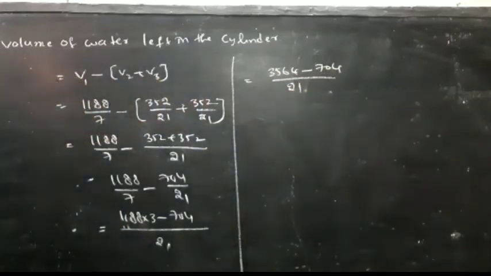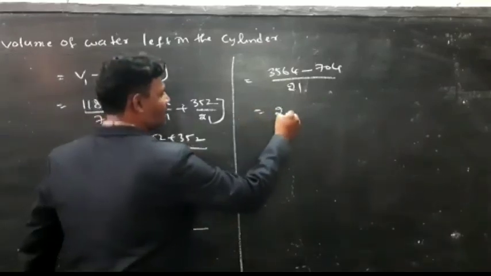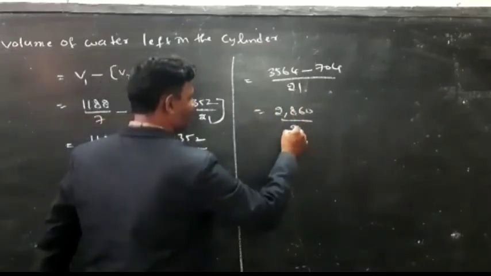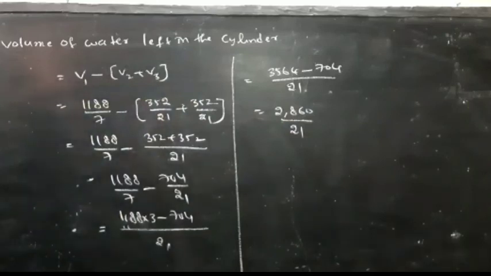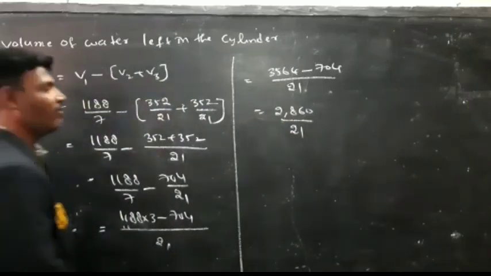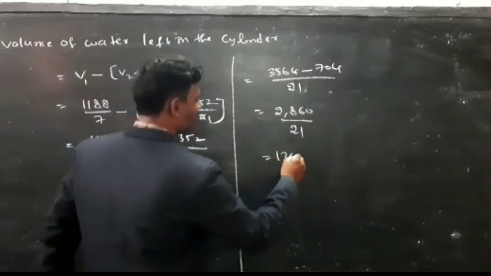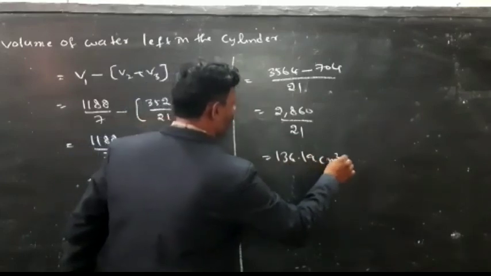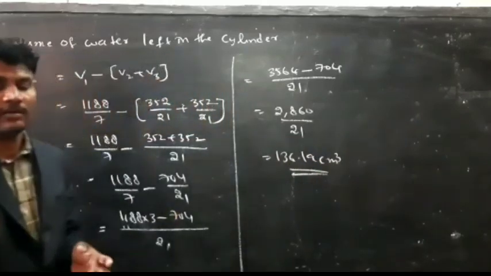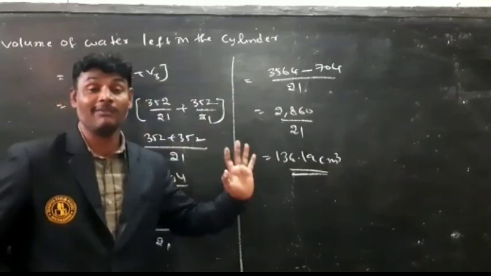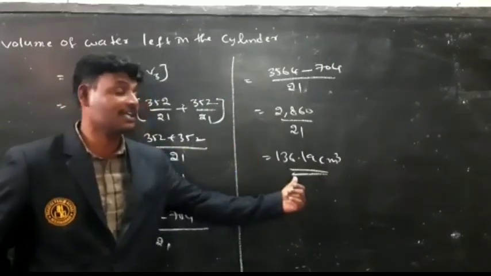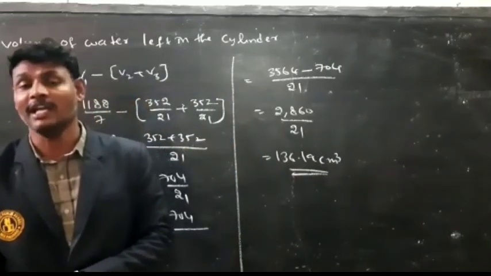Now subtract 704 from 3564. You will get 2860 by 21. Now divide 2860 by 21. You will get the answer 136.19 centimeter cube. So the volume of the water remaining in the cylinder is 136.19 centimeter cube.